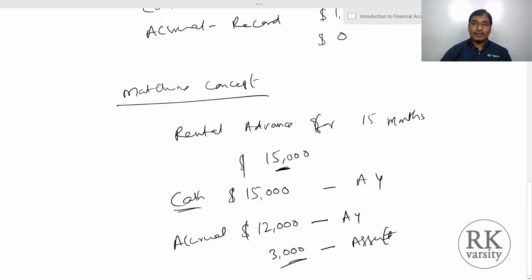Similarly, many transactions which happen mostly on a credit basis, whether it's a credit purchase, credit sale, or where you have to pay your dues, are all treated differently in case of cash and accrual basis.